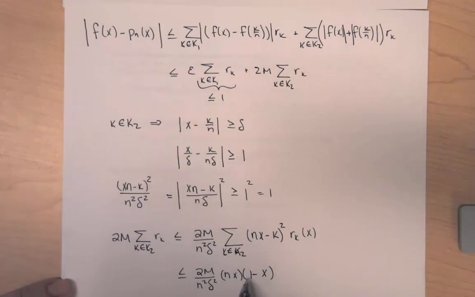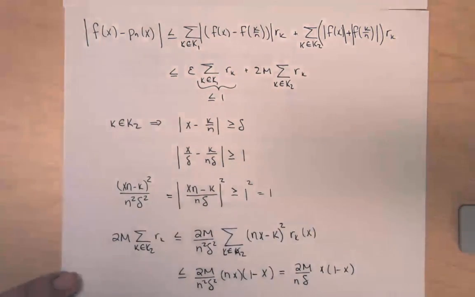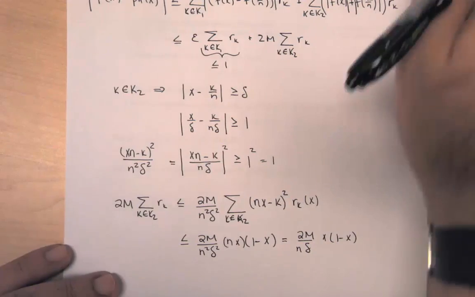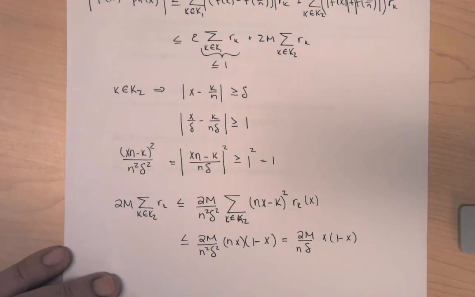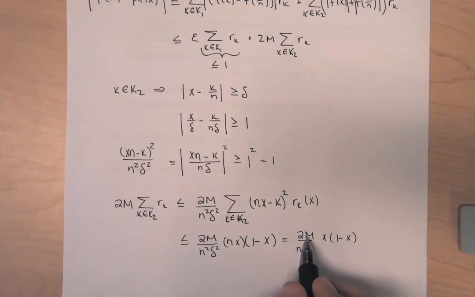Now, of course, because x is bounded between 0 and 1, this is also bounded. So I get 2M divided by n delta squared times x times (1 minus x). Because M is a bound on f, it's fixed. 2 is, well, it's 2, it's fixed.